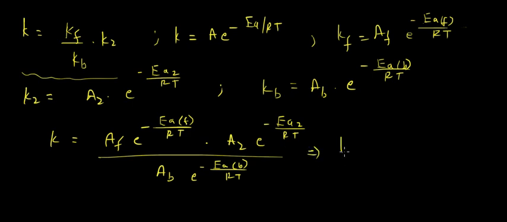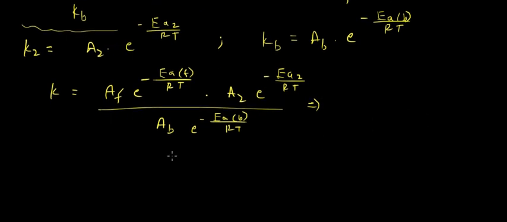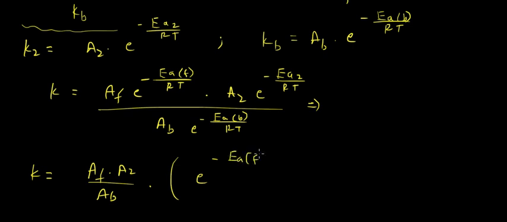So we can write that K would be equals to Af times A2 divided by Ab times e to the power minus EaF upon RT minus Ea2 upon RT and plus EaB upon RT.